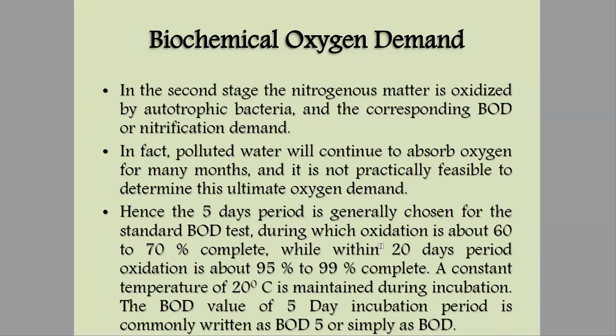As we are unable to find the ultimate oxygen demand, we'll calculate it for 5 days. And why are we unable to find it? Because it may last for many months. Hence the 5-day period is generally chosen for the standard BOD test. So we choose 5 days, during which oxidation is about 60 to 70%. Why is the standard chosen?